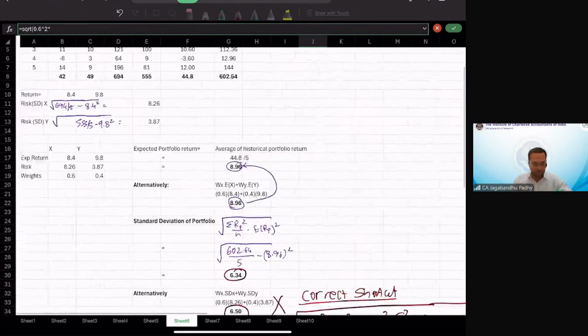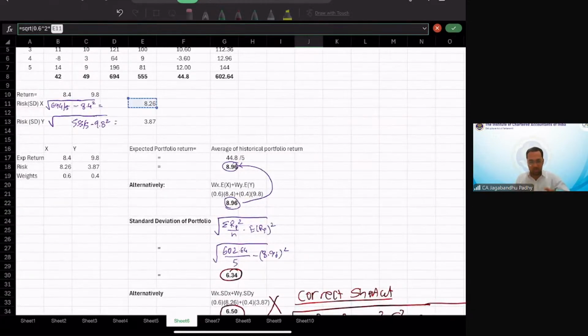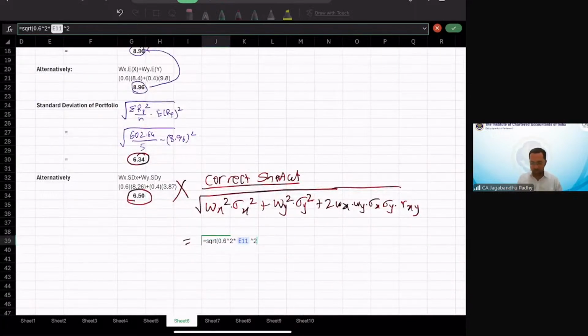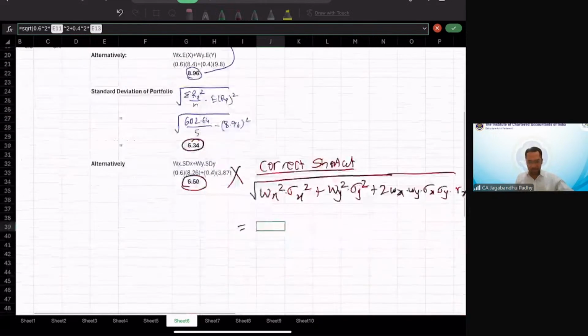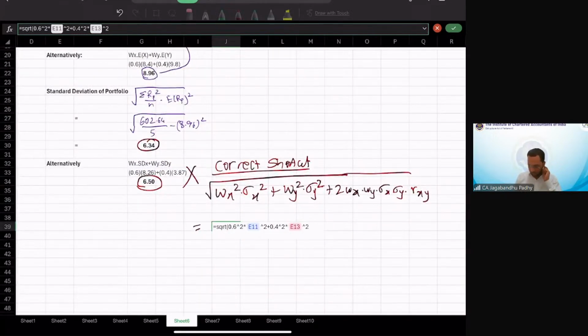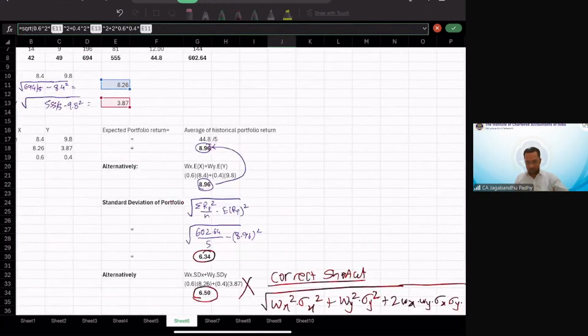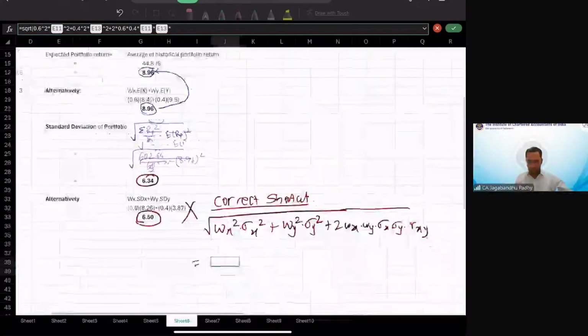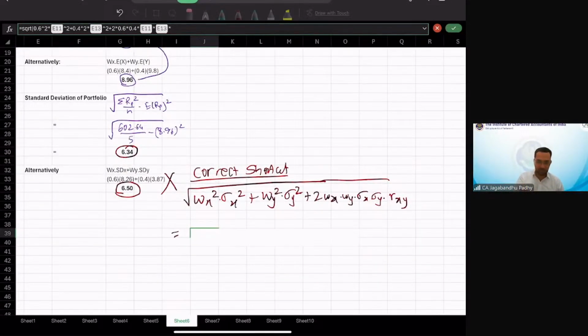We had the standard deviation of x as 8.26, so 8.26 square, plus weight of y square, which was 0.4 square, multiplied by standard deviation of y square, which is 3.87 square, plus 2 into weight of x, 0.6, into 0.4, weight of y, into standard deviation of x into standard deviation of y, into what was the correlation, guys?